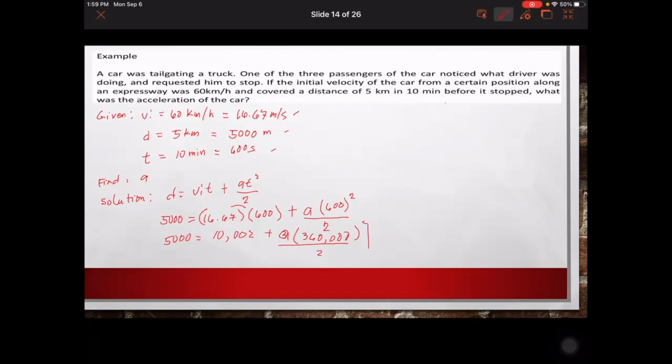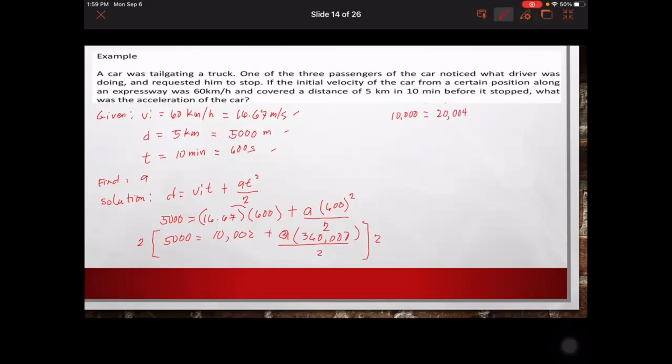Let's eliminate these two. To eliminate the 2, kailangan natin mag-multiply ng 2 both sides. So, magkakaroon tayo ng 5,000 times 2, this will be 10,000, is equal to 2 times 10,002, which is 20,004.